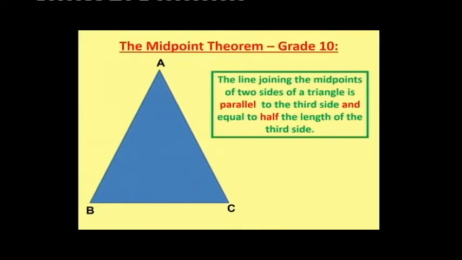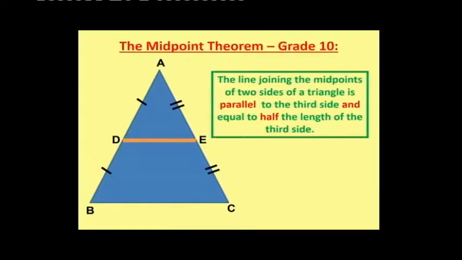You see, there's the line, and it joins the 2 midpoints. D is the midpoint of AB, because midpoint means it cuts in half, and E is the midpoint of AC.